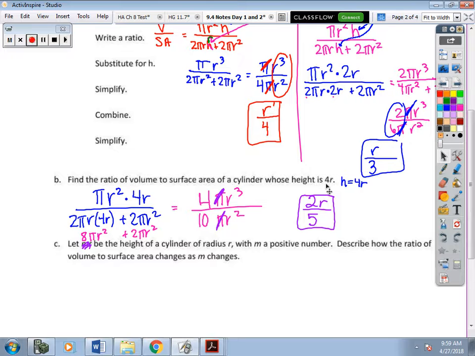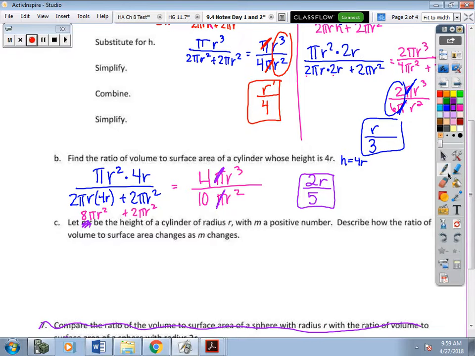So as m got larger, what do we notice happened? Now, some of you will say that the denominators changed or the numerators stayed the same except this one. But you kind of want to think of this as being 1/4 r, 1/3 r, and 2/5 r. And think about those values. This would be 0.25 r. This would be 0.3 repeating r.